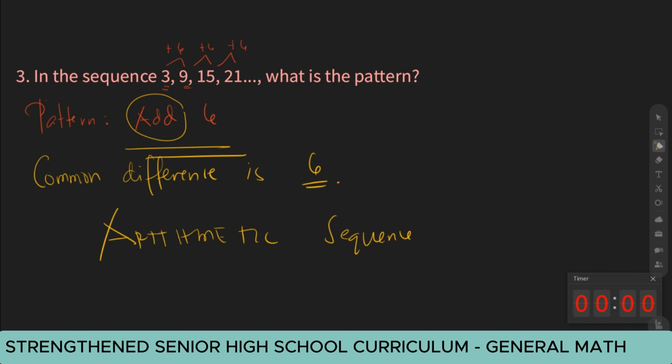For the common difference, it is denoted by D. D is equal to the current term minus the previous term.